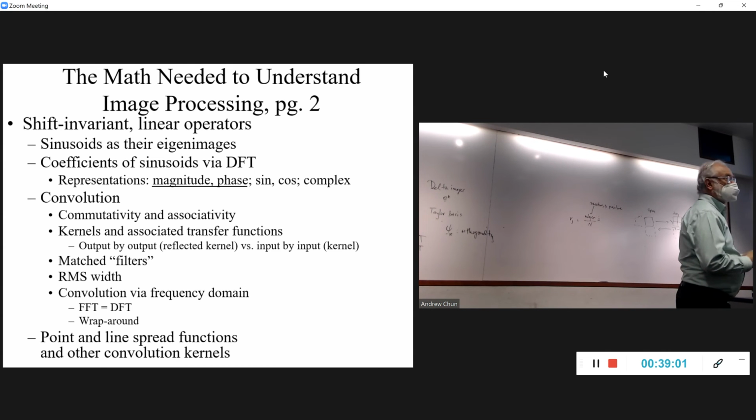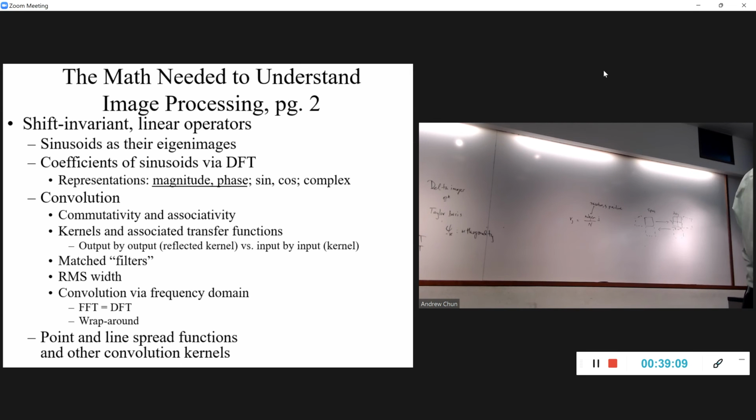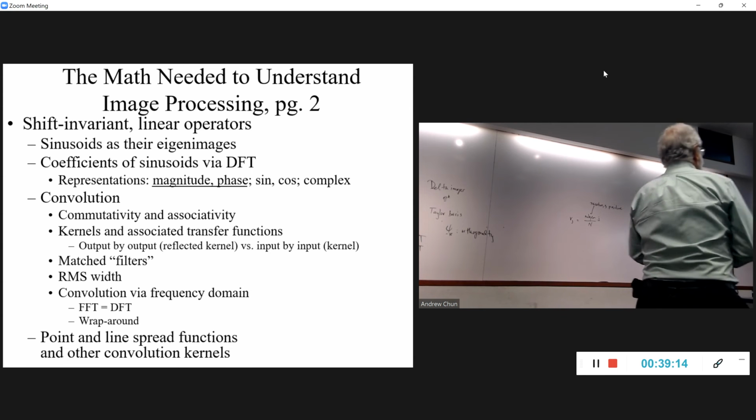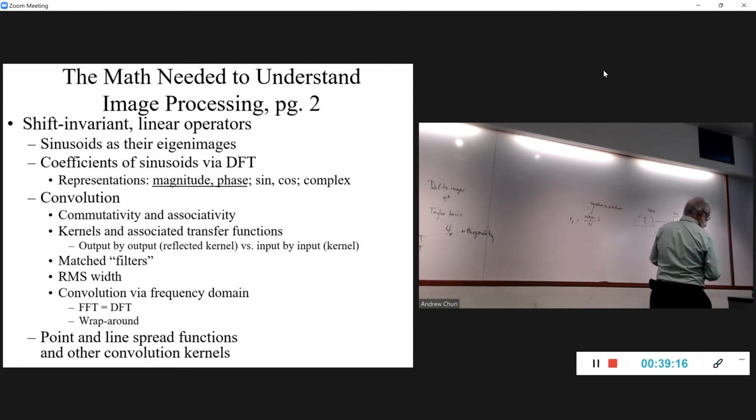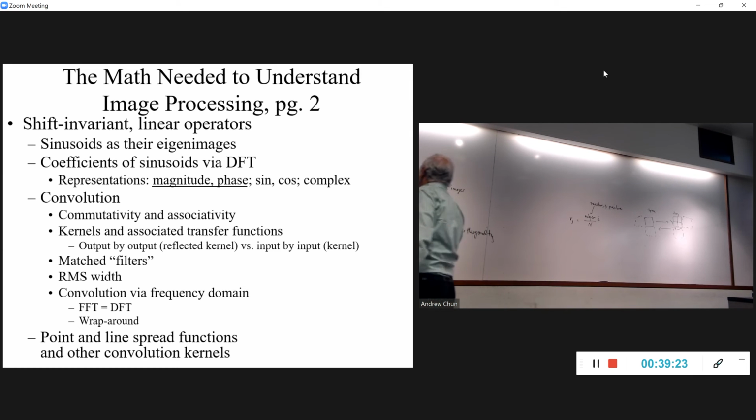We saw, okay, any questions so far about the shift invariant linear operators and the sinusoids as the basis image? Okay, then we saw that multiplication of these coefficients for each k were done by multiplication of the a k's by the b k's.